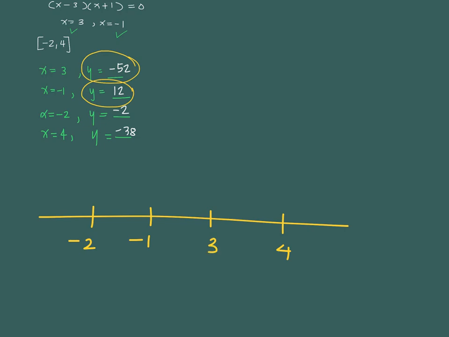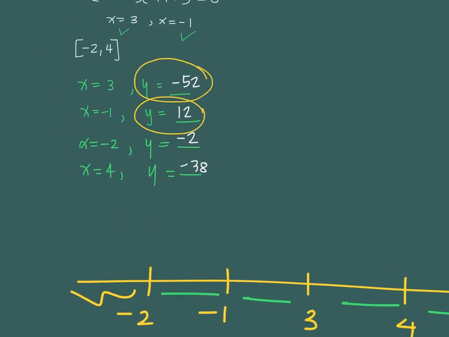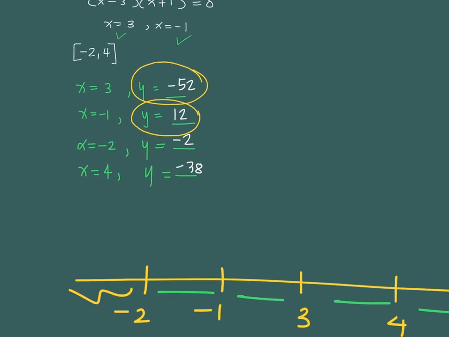Another way to look at this is to analyze what is happening to the first derivative in each interval, in these intervals. Is it positive or negative, positive or negative? Okay, and let's support the x equals negative 1 being the absolute maximum.